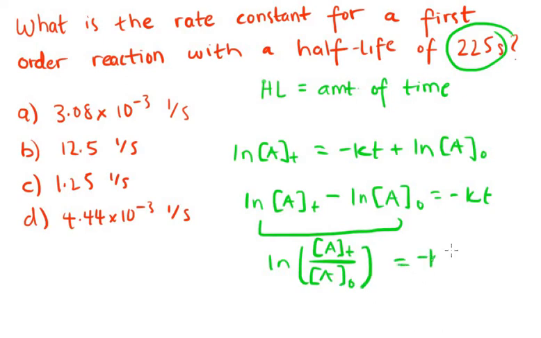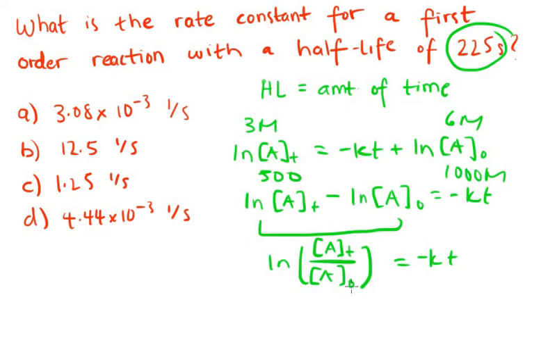In half-life problems, this ratio will always be 1 to 2, right? Because if this is originally 6 molarity, and for it to halve, it becomes 3 molarity, then 3 divided by 6 is always going to be 1/2. Now if this was 1,000 and this is 500, still going to be 1/2.